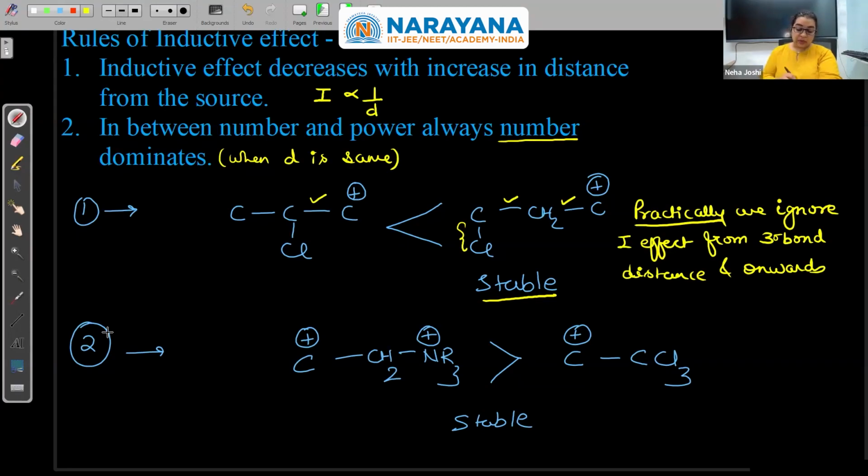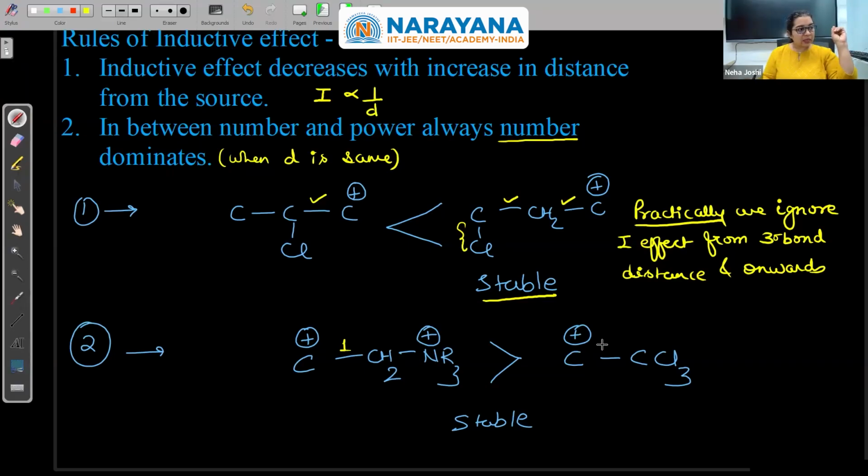Coming to point number 2, between number and power, always number is the winner provided the distance is the same. As I said, how will you check the distance? C plus is the center in question. From there, I check 1 sigma, then I have the next CNR3 plus bond.